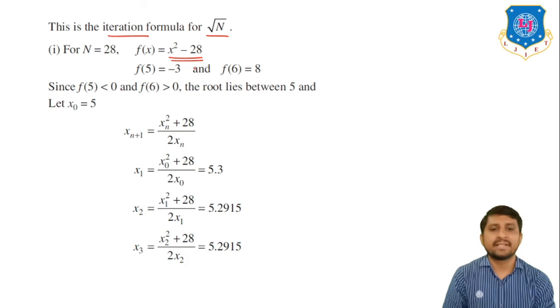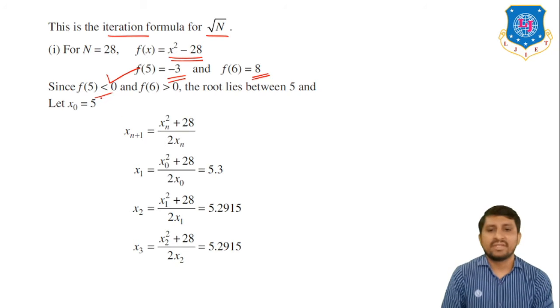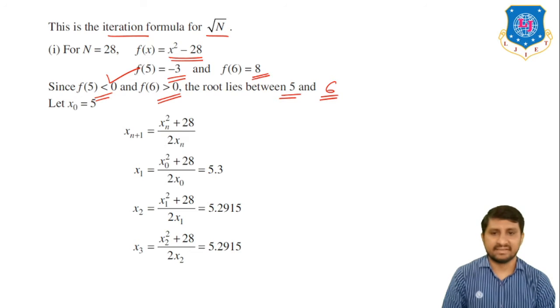F of 5 is minus 3, negative, and f of 6 is 8. So f of 5 is negative and f of 6 is positive, so definitely your root lies between 5 and 6.